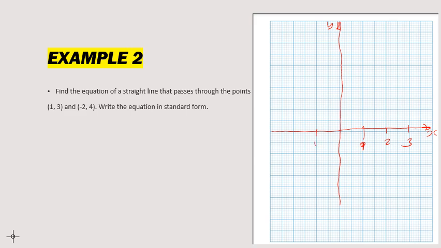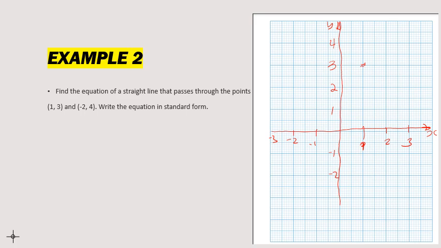That's 1, that's minus 2, that's 3. 1, 2, 3. I hope plotting a graph is not a problem. Minus 1, minus 2, and down. Okay, so (1, 3): x is 1, y is 3, so let's put that point there. And (-2, 4), minus 2 is here.